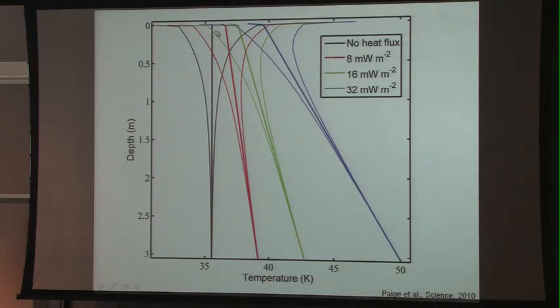These are some examples from our science paper that are more illustrating the effects of heat flow from the interior, but also illustrate the dependence of temperature variation as a function of depth. So just taking the no heat flow case here, we have a surface that has an annual average temperature of something like 36 Kelvin. The surface temperatures move around quite a bit.